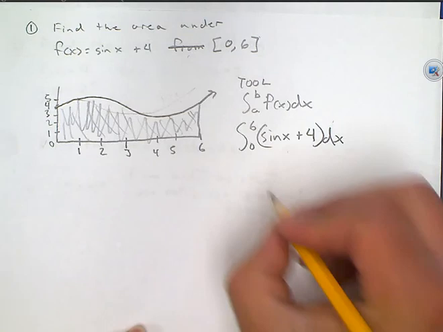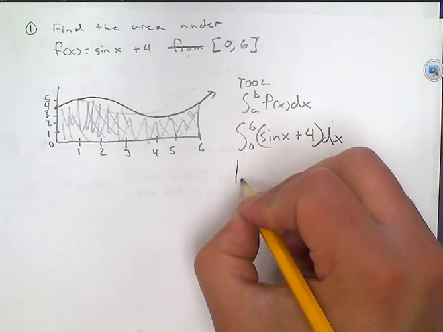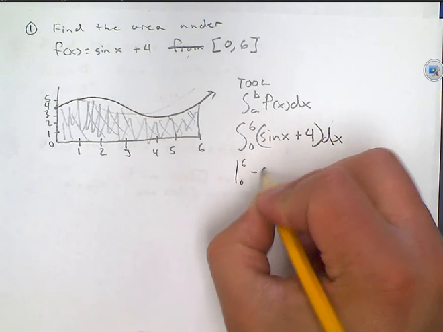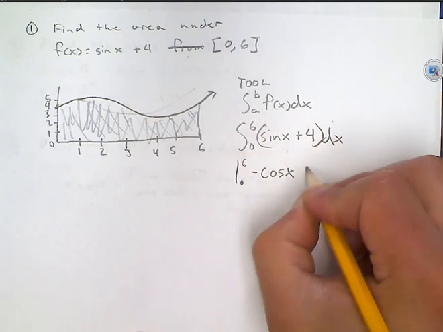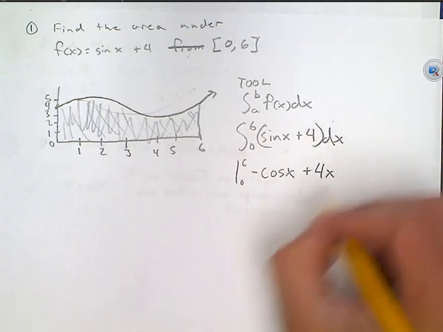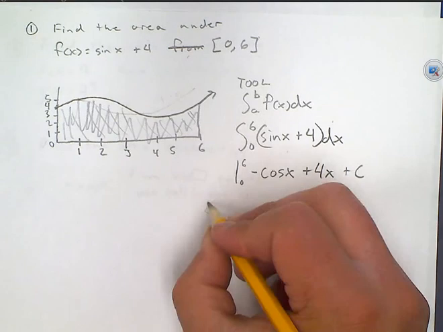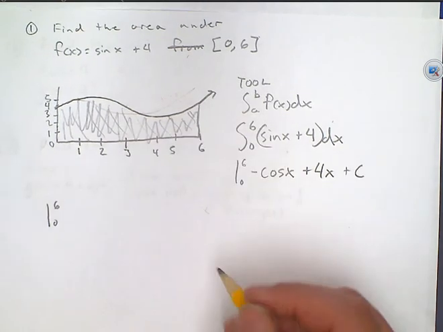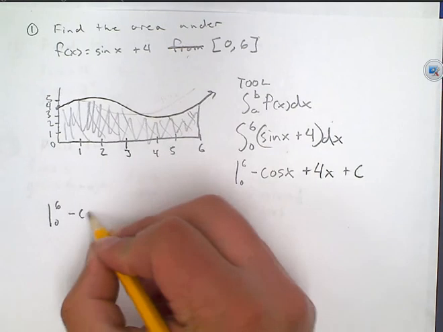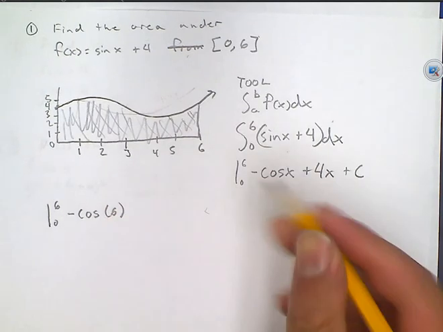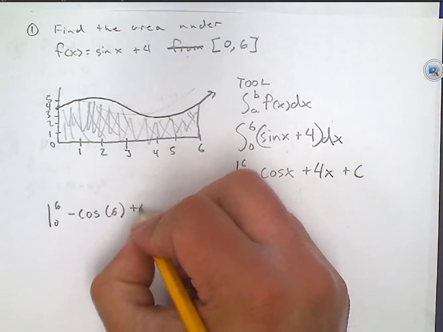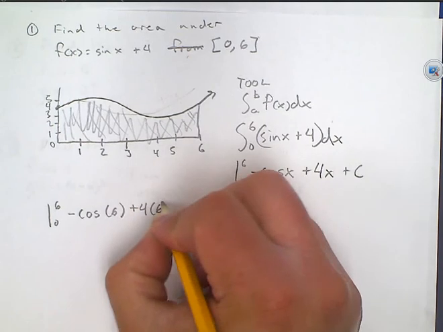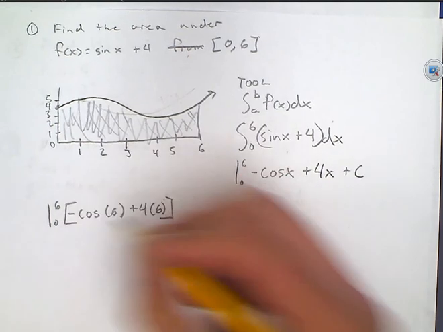Integral of sine x is negative cosine x. Integral of 4 is 4x plus c. Now I evaluate. Negative cosine 6 plus 4 times 6. Plug in the top, plug in the bottom.